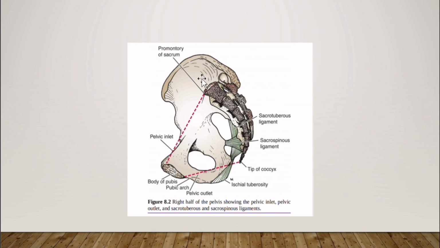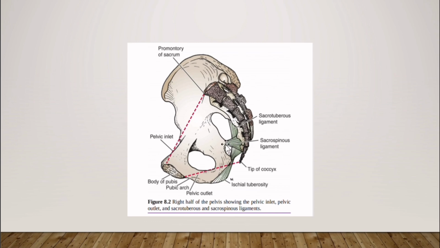Then we see that this sacrum and coccyx is supported towards the pelvic hip bone by these 2 very strong ligaments. The first one, called the sacrospinous ligament, originates from the spine of the innominate bone or hip bone.